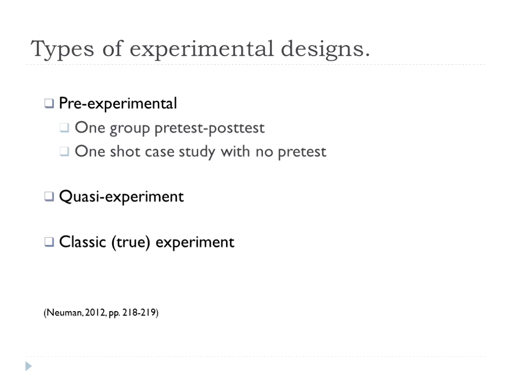We'll first look at pre-experimental designs, and there are several in your textbook. I believe Newman lists 3 designs that he categorizes as pre-experimental. I could only find examples of 2. So I'm only going to cover the one group pretest, post-test, and the one-shot case study with no pretest.